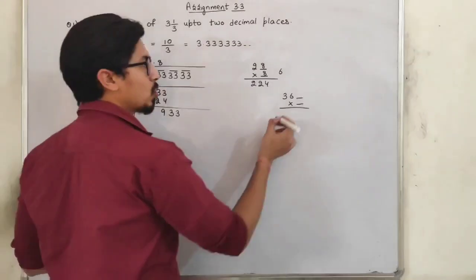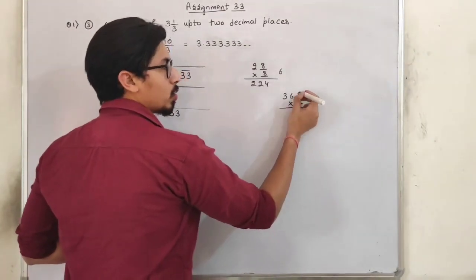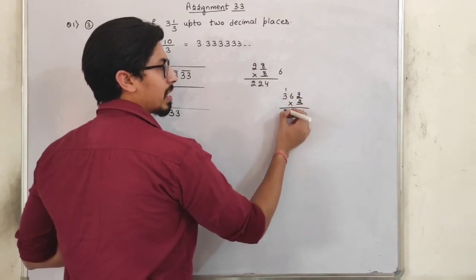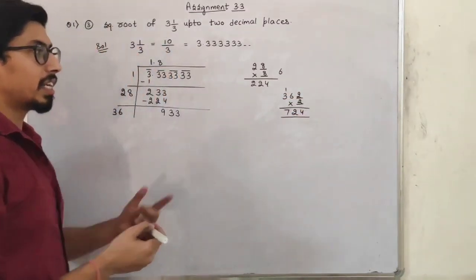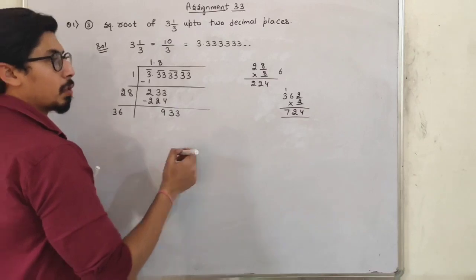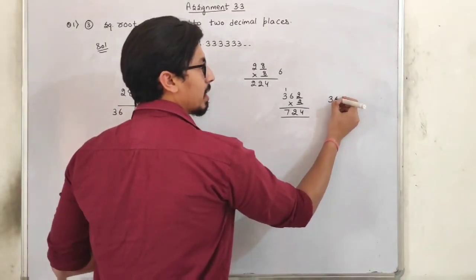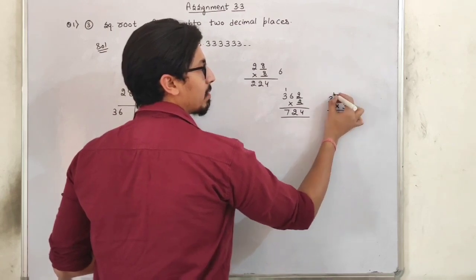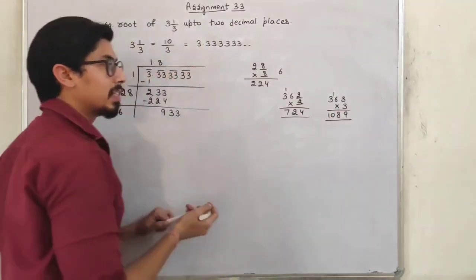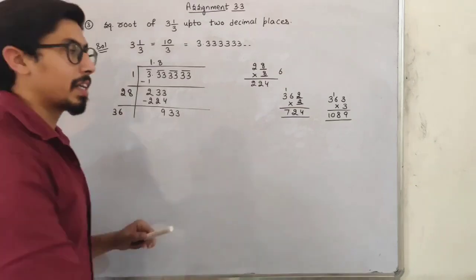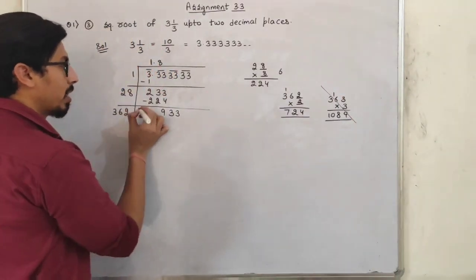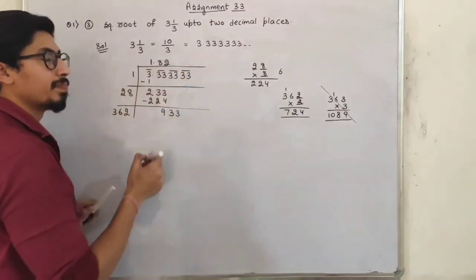So if I take, students, 2 here, it will be 2 4s are 8, 6 2s are 12, 1, 3 2s are 6 and 7. Yes, it is nearer to this number. Because if I take 3 here and multiply it by 3, students, it will be 3 3s are 9, 6 3s are 18, 1 and 1, 0, 8, 9. That is greater than this number, so I can't take this. So I will take 2. So just write 2 here and 2 here, students.